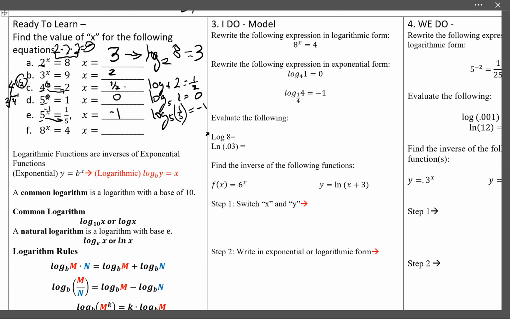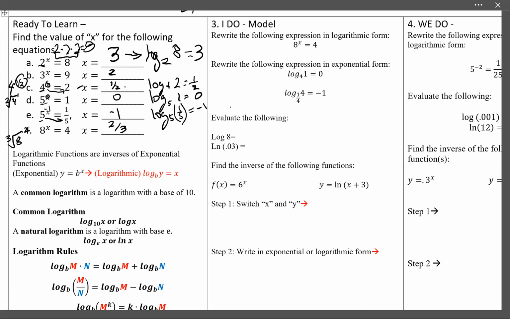Okay, and the last one is pretty tricky, although you had a similar one in item C over here. 8 to the x power equals 4. The answer here is 2/3. Because if we take the cube root of 8 and then raise that to the second power, you see that fraction 2/3 here.